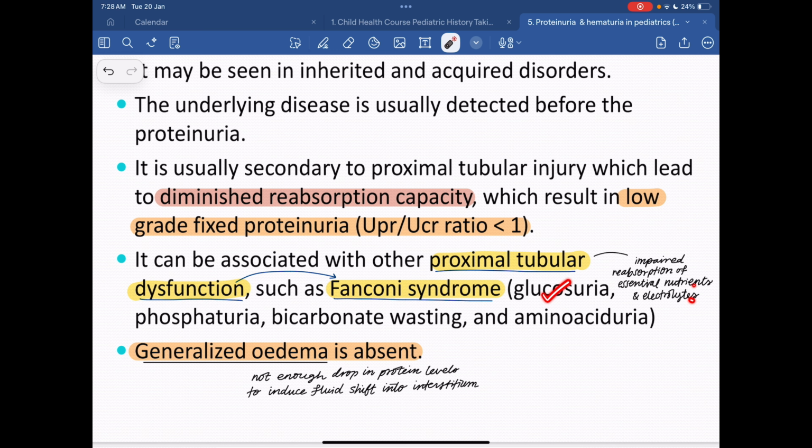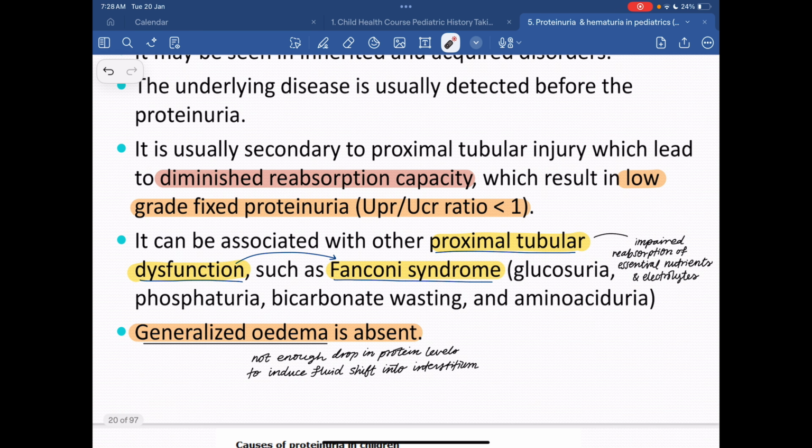Like what? Like glucose, phosphate, bicarbonate, and amino acids. So we have an impaired reabsorption, meaning they're all going to be excreted. كلهم طالعين مع البول. So we have glucosuria, phosphaturia, bicarbonate wasting, and amino aciduria. So كل شيء قاعد يطلع. هذا هو Fanconi syndrome.